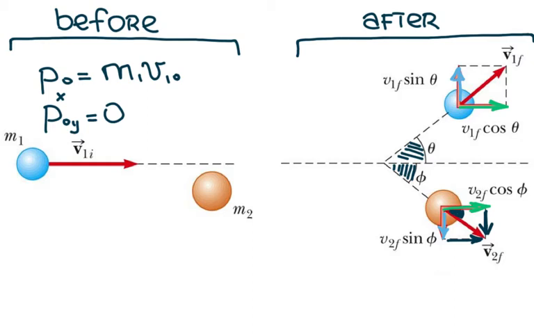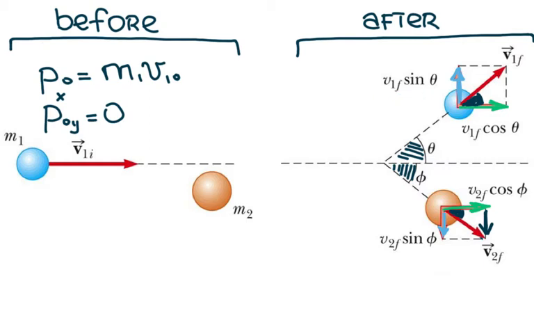And the same is for the blue ball. If this is your angle, then the blue part of the momentum is V sine, and the horizontal part, the green one, is V cosine, and the momentum has to be conserved.